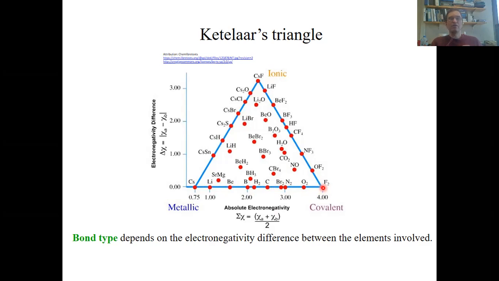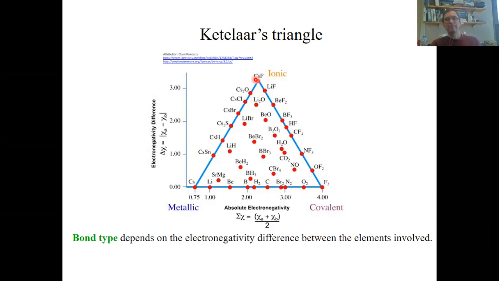Now how are the other two edges created? The other two edges are created by the compound which has the highest electronegativity difference, because when we go here in the y direction, we increase the electronegativity difference. Cesium fluoride that you see here is the compound with the highest electronegativity difference because cesium has the lowest electronegativity and fluorine has the highest.